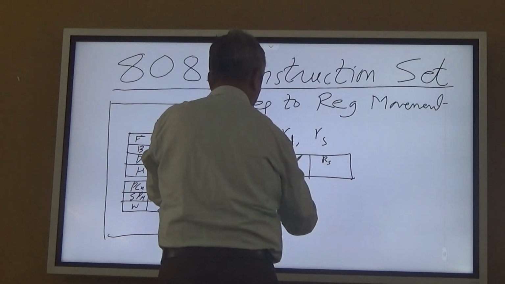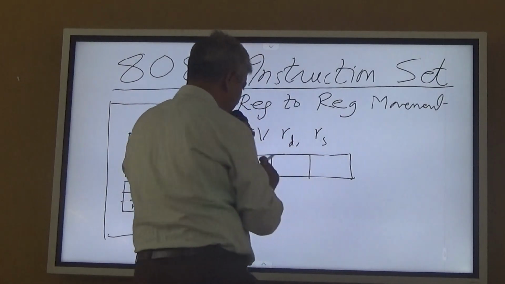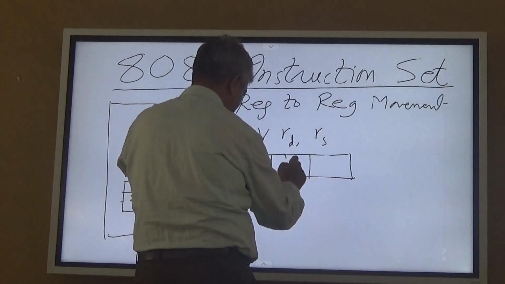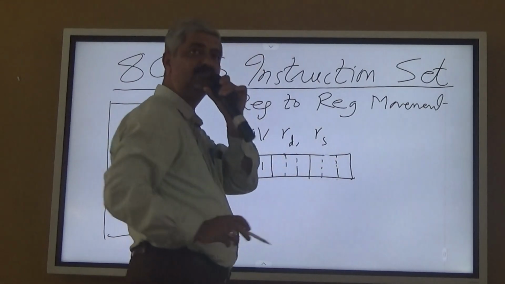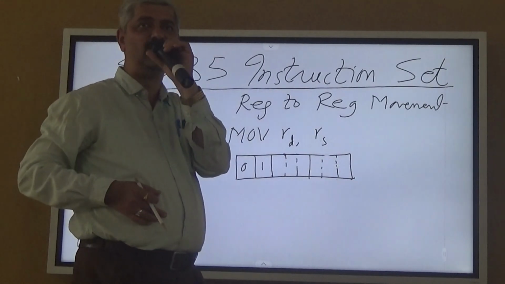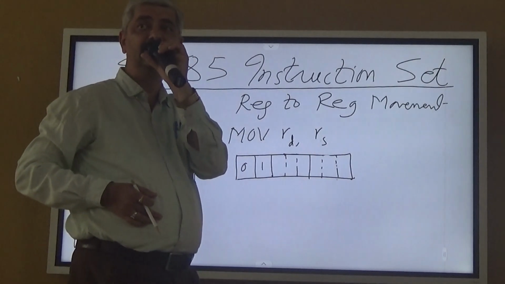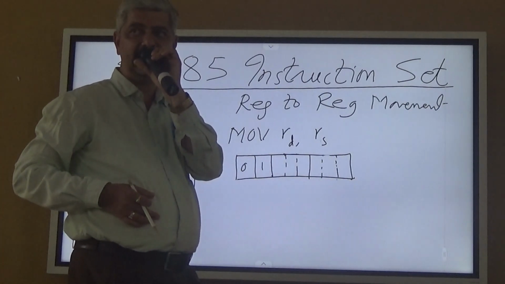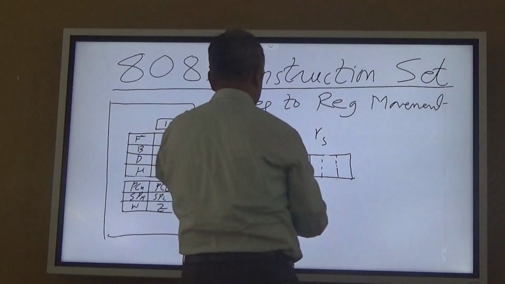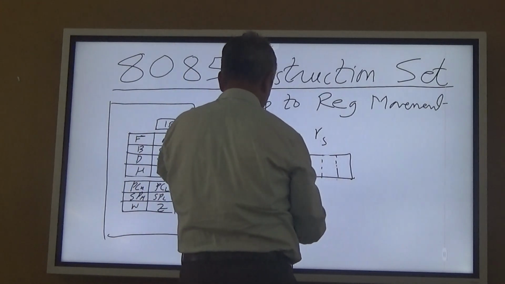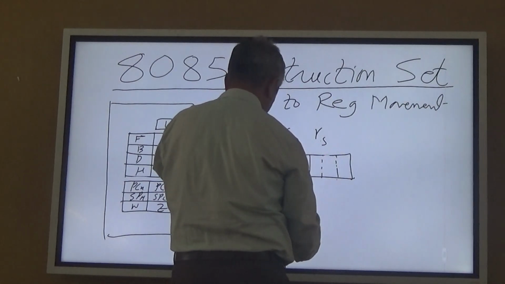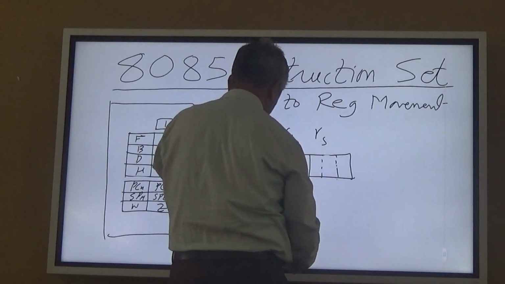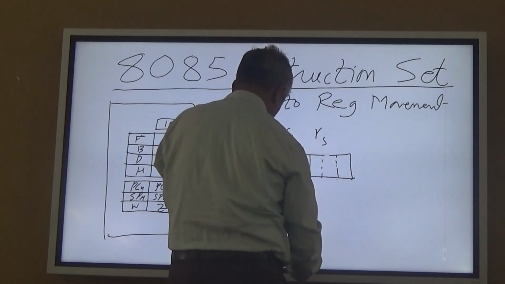So this is RD, and these are 3 bits, and these are 3 bits. 3 bits can have how many combinations? 8 combinations. What are those? 0 0 0, 0 0 1, 0 1 0, 0 1 1, 1 0 0, 1 0 1, 1 1 0, and 1 1 1.